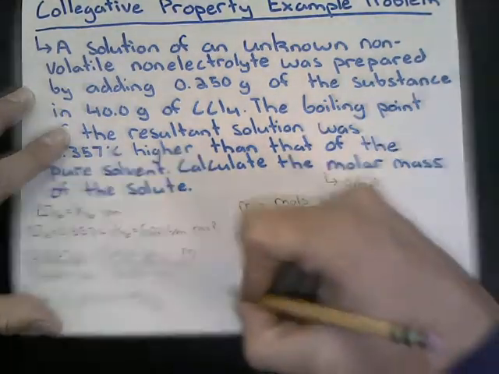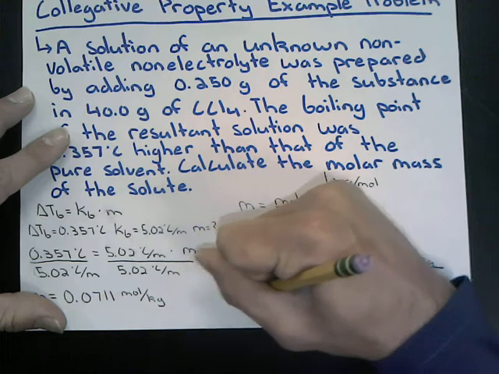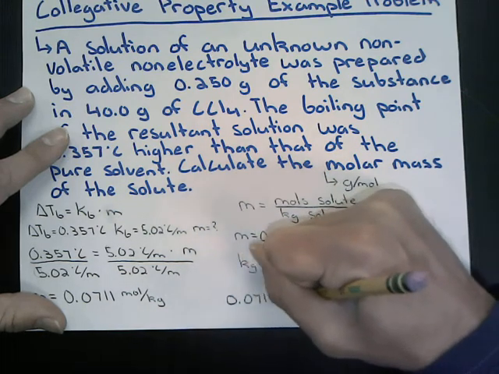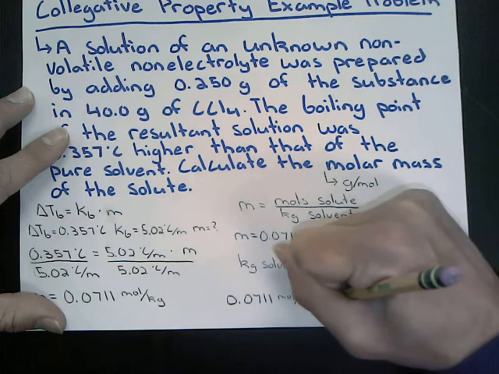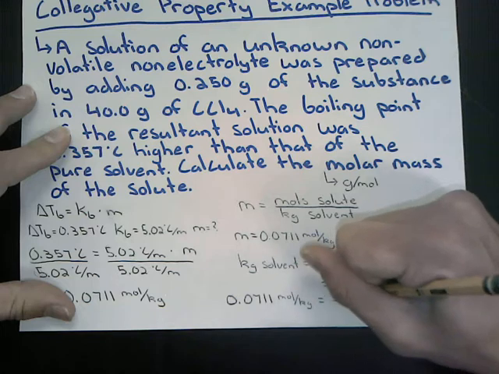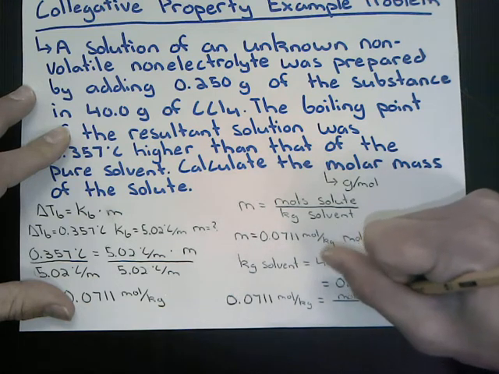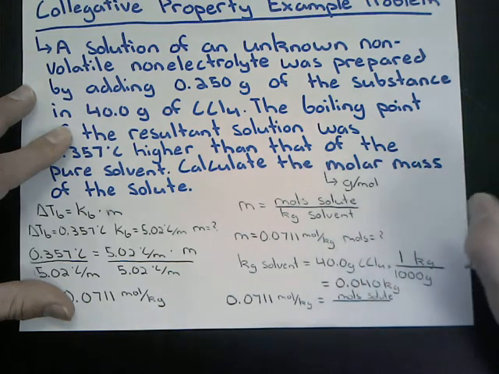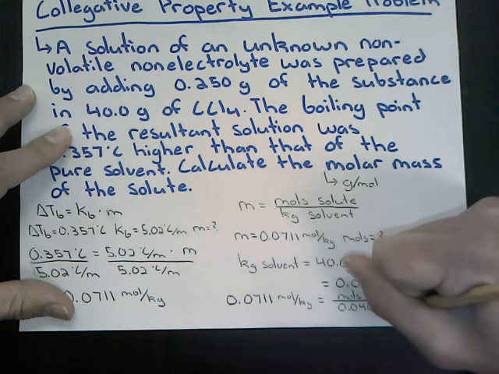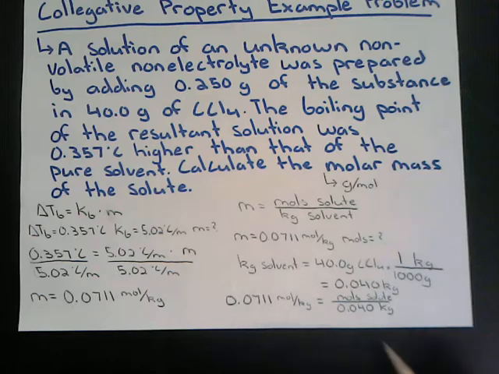All right, I know things are kind of scattered everywhere here, but I'm going to put everything together. So our molality here is 0.0711 moles per kilogram equals our moles of our solute, which we don't know, divided by 0.040 kilograms. I'm going to cross multiply to find our moles of solute.